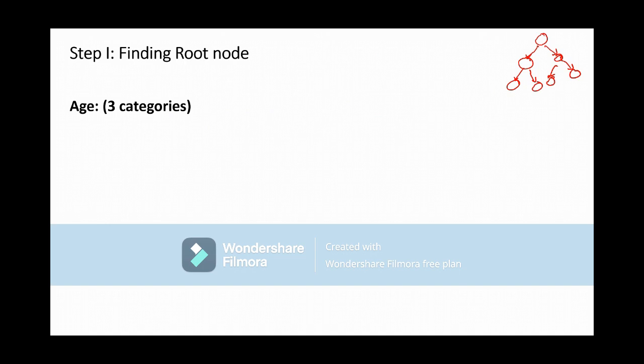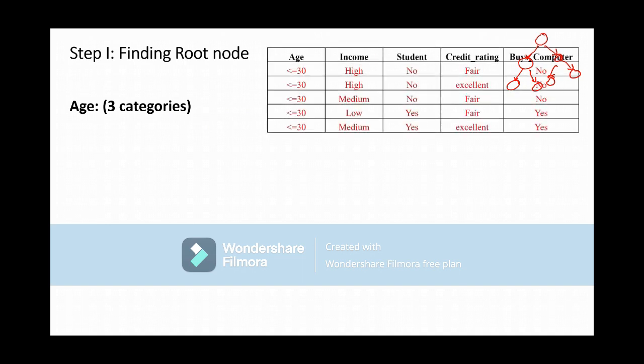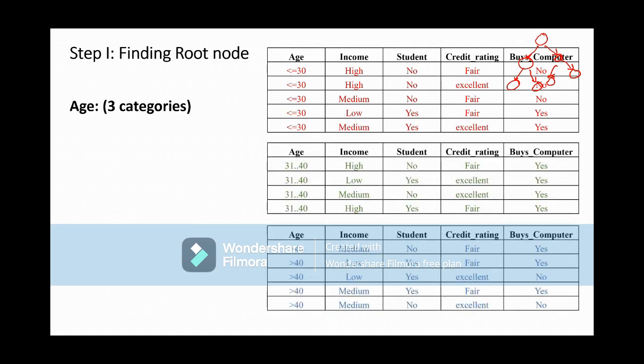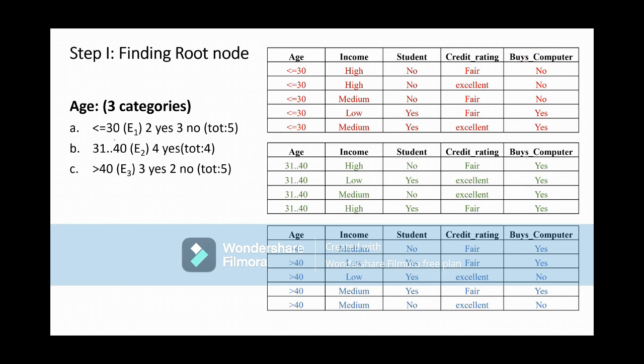Let me take the first feature, age, and age has three categories: less than or equal to 30, 31 to 40, and greater than 40. If my age is less than or equal to 30, I have 5 rows from the given data. So I'm splitting the dataset into 3 different categories based on age.